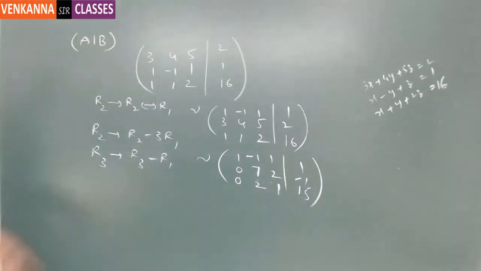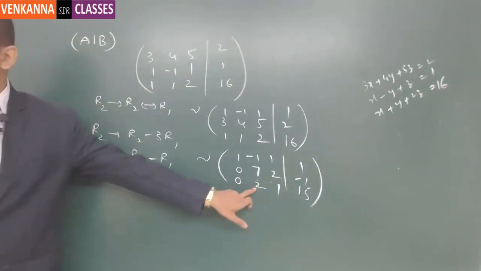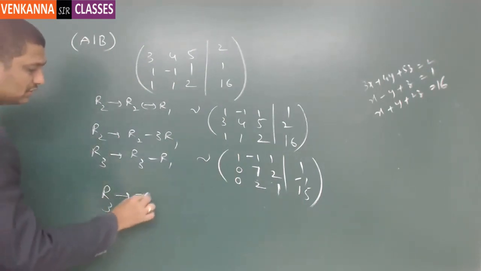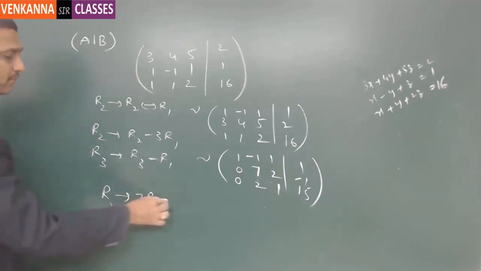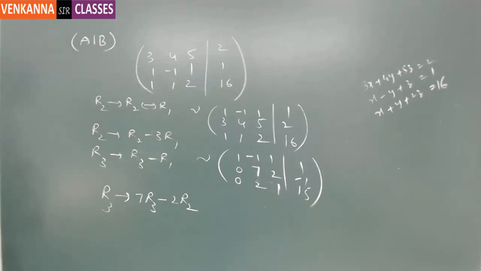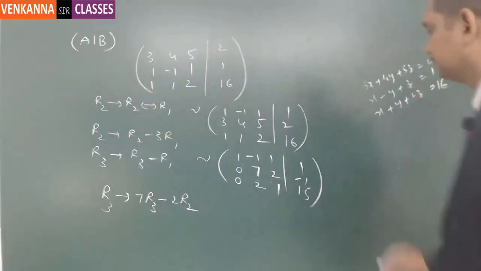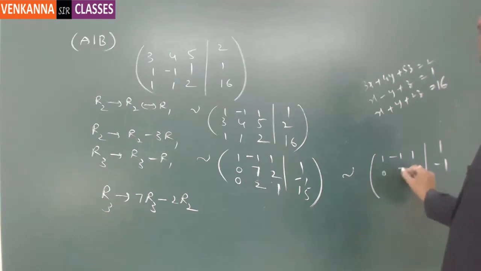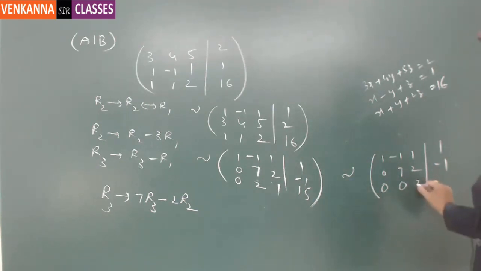Again, you are going to make the element here as 0. So you have to do R3 tends to 7 R3 minus 2 R2. Then this will be equivalent to 1, minus 1, 1, 1; 0, 7, 2, minus 1; 0, 0, 3, and you have here the right-hand value.